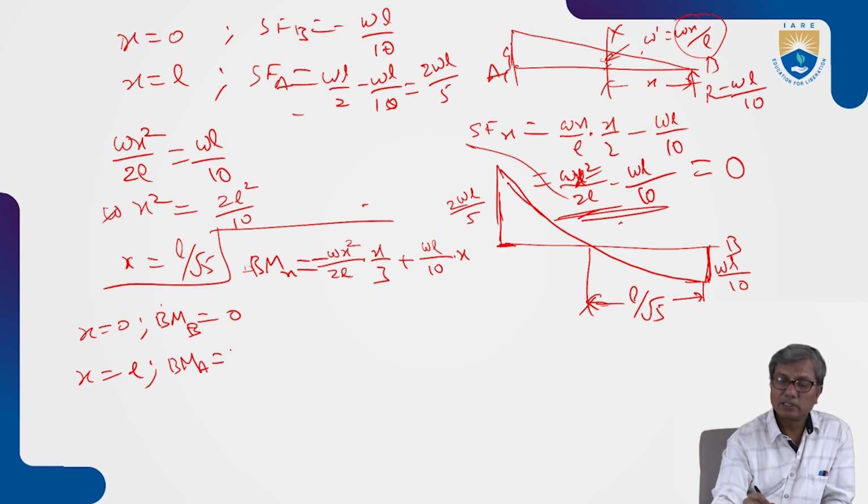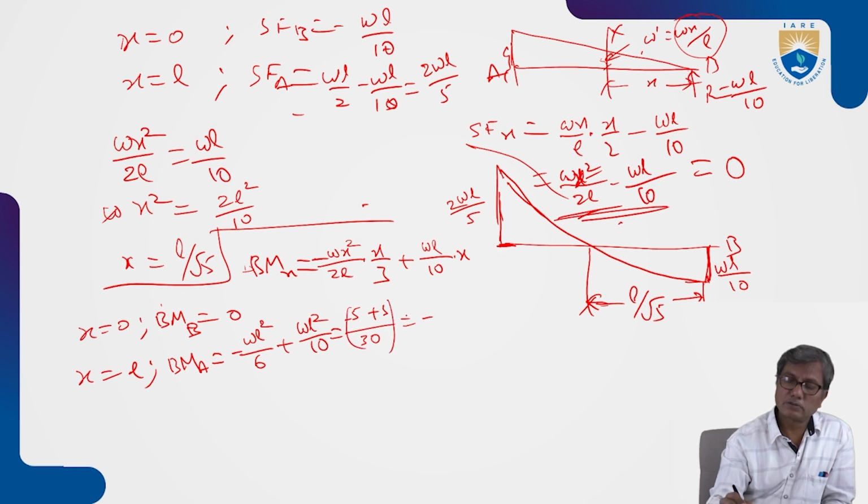What is bending moment at A? Minus WL square by 6 plus WL square by 10. Okay, here you will have minus 5 plus 3 into WL square common.